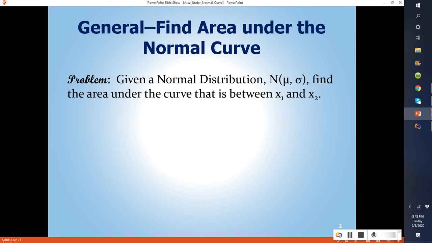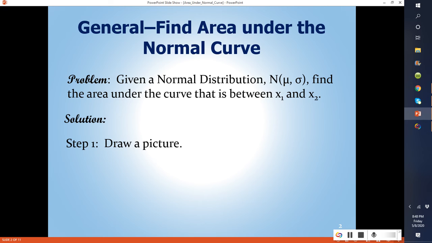Find the area under the curve that is between these two values, x1 and x2. So in any problem, you have the statement of the problem, you have the solution, which would be the steps for you to arrive at the answer, and then finally the answer.